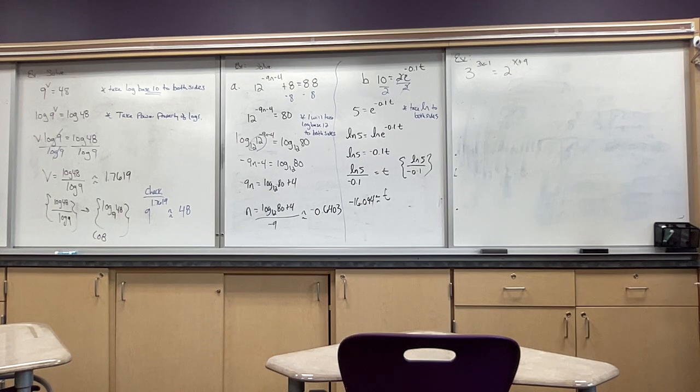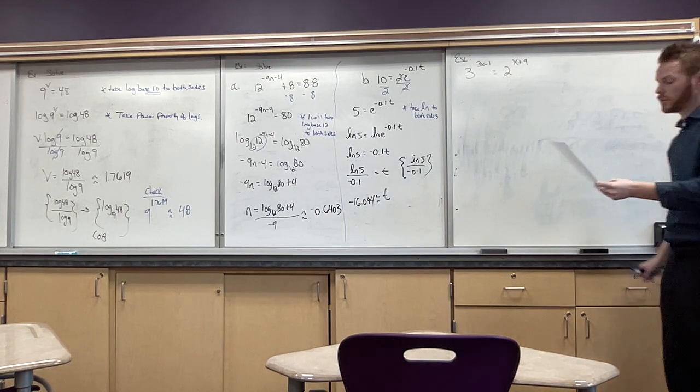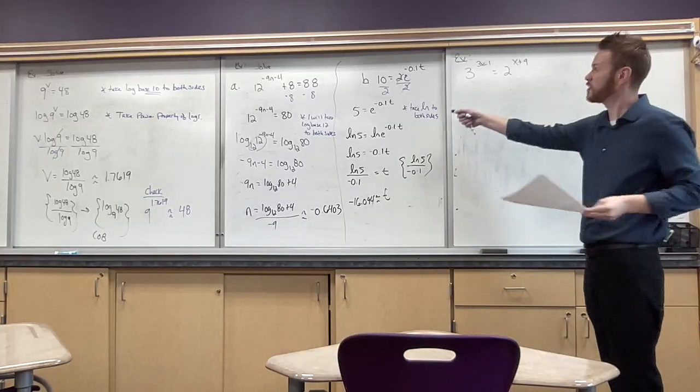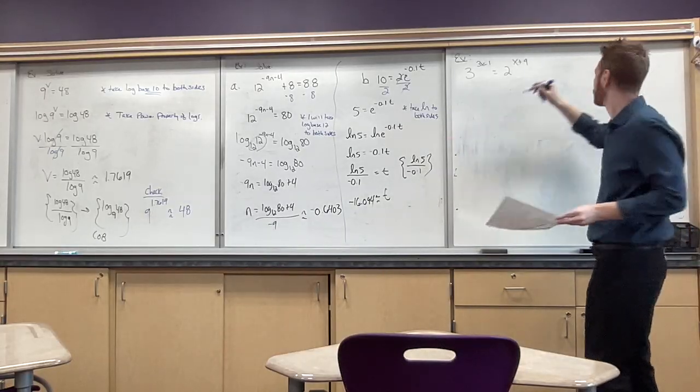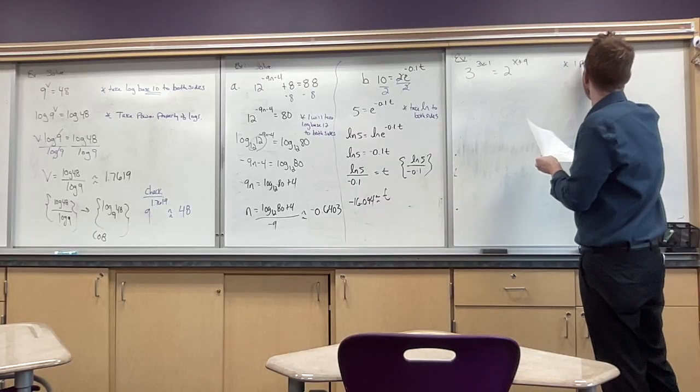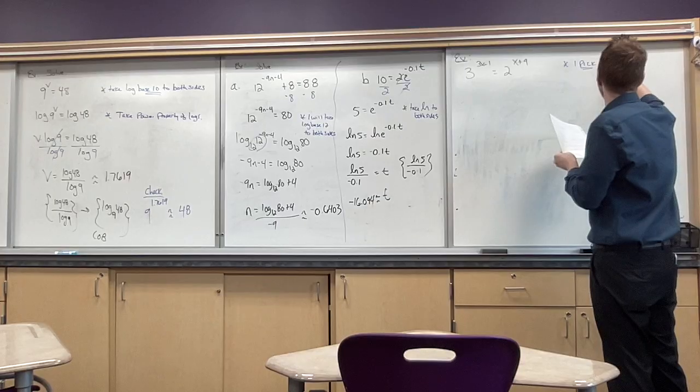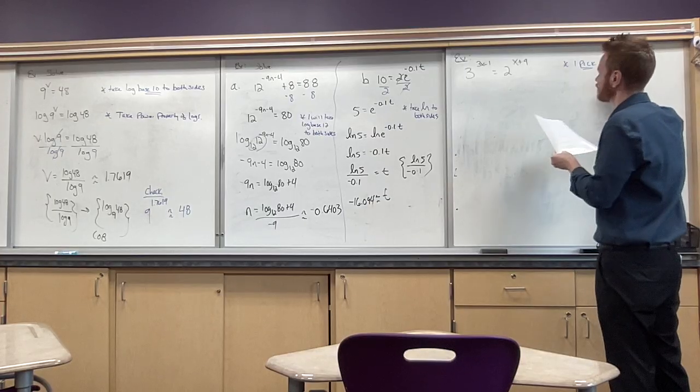So now it's like, what do? Well, you don't do anything different, okay? Isolate as much as you can, which I get nothing to isolate. Now take some log to both sides. I already told you I think it's easier to work with natural, so I'm gonna use natural. So I pick the natural log for this one.